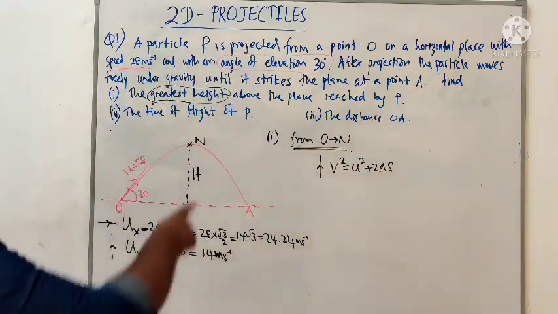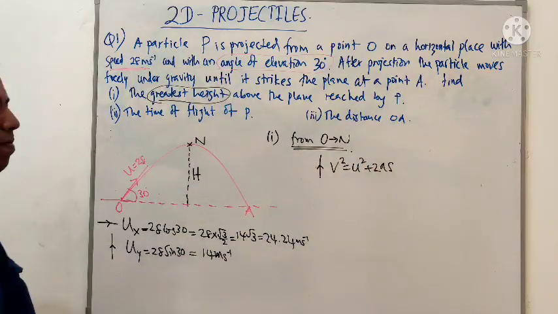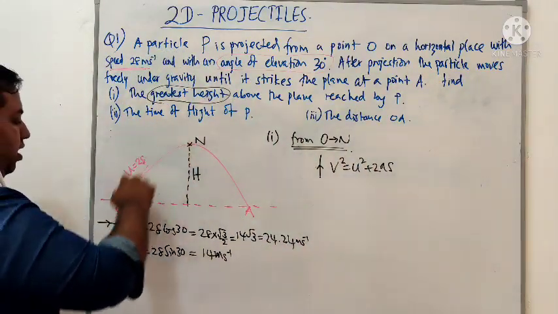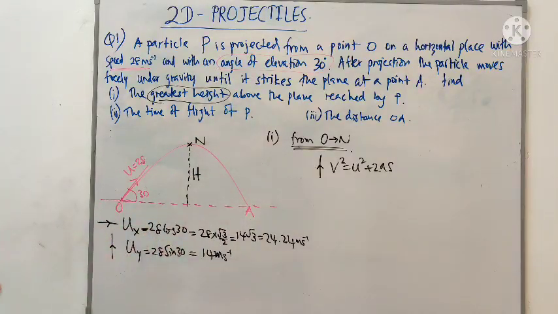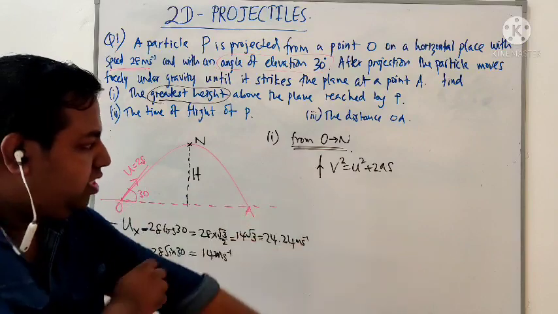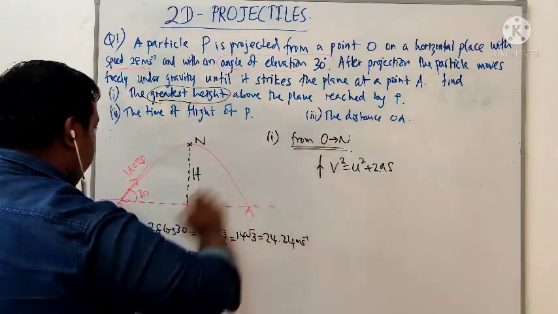Why? Because after the projection, the particle moves freely under gravity, from O to A. We can use the acceleration minus 9.8. I'm using the vertically upwards direction, so that's why I wrote V square equal U square plus 2AX, from O to N.